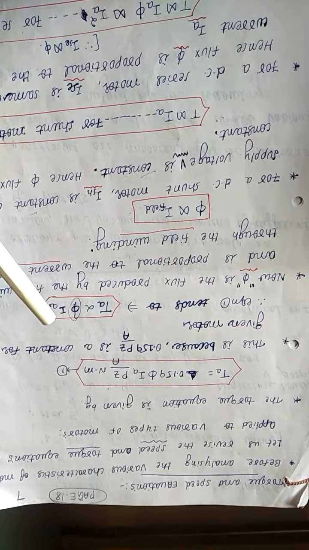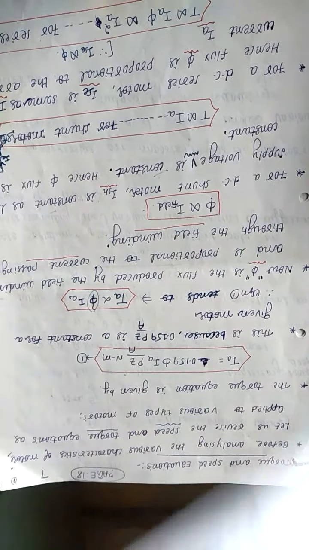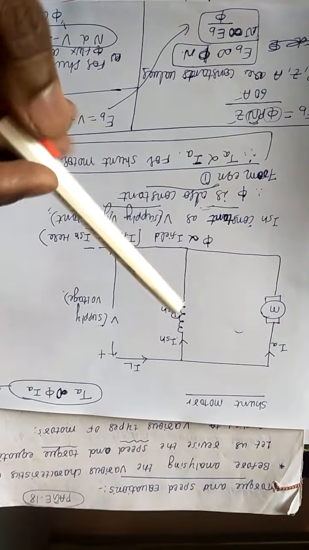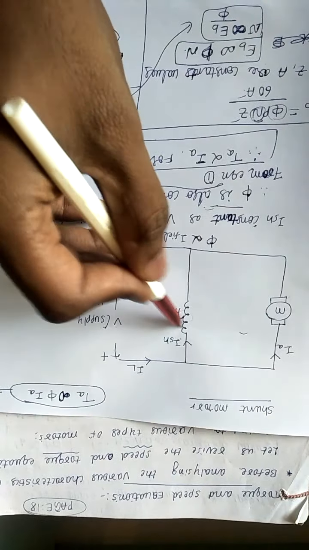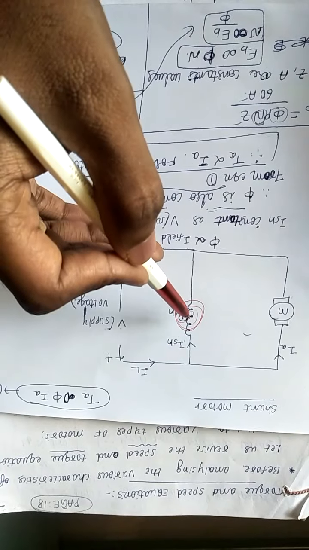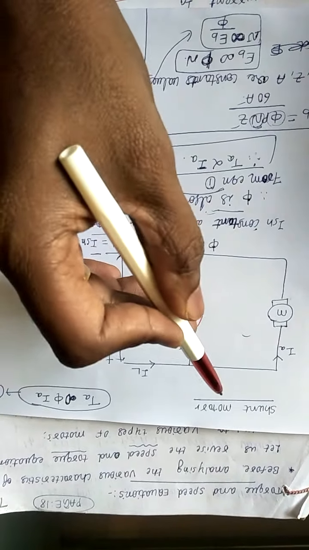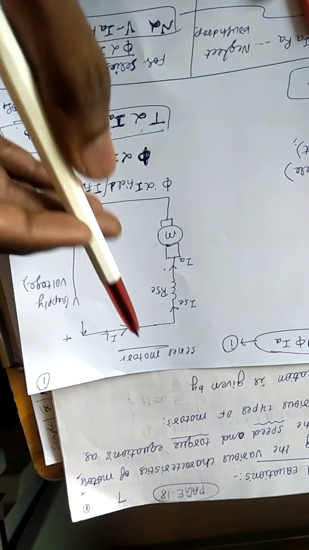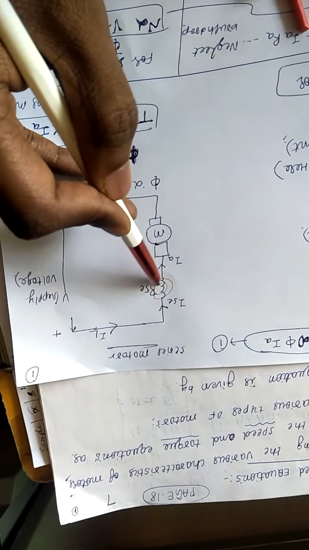Now, what is φ? φ is the flux produced when current is passing through the field winding. This is the field winding in the case of a shunt motor. In the case of a series motor, this is the field winding. So the flux will be produced here.